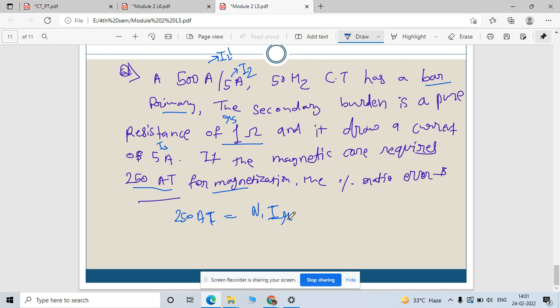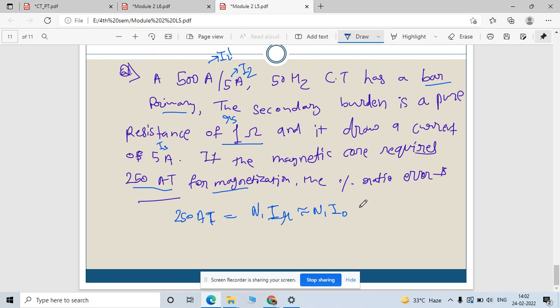The major contribution of no load current is this magnetization current only, so you can treat N1 I1 as nearly equal to N1 I0. We generally neglect the losses here.